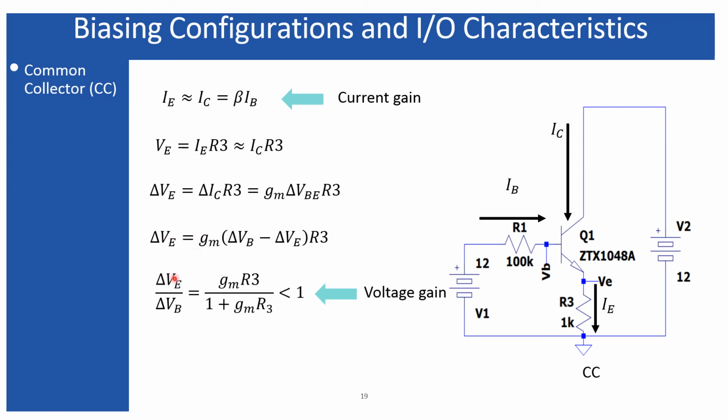So delta VE divided by delta VB represents the output voltage divided by the input voltage, and that is this one. At the numerator gmR3 exists, but at the denominator this factor exists and it is greater than the numerator. Therefore, the voltage gain is less than 1. So in case of common collector, although we have a current gain, we don't have a voltage gain. Current gain is greater than 1, but voltage gain is less than 1.